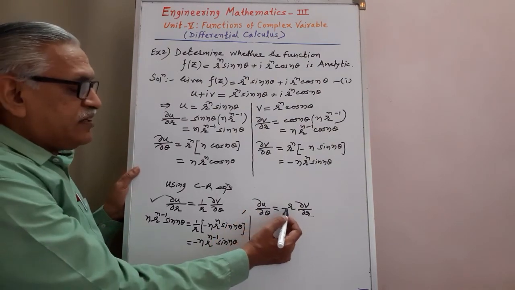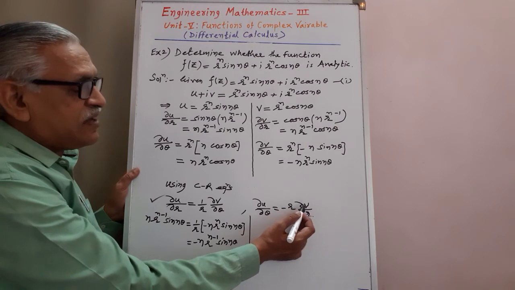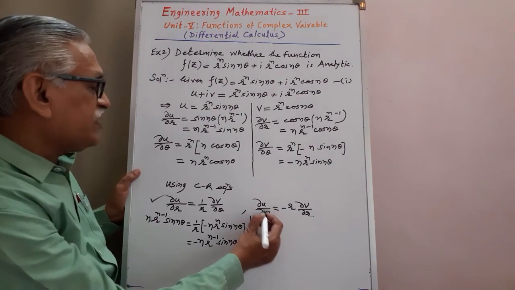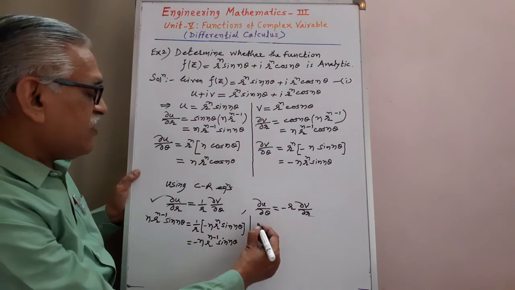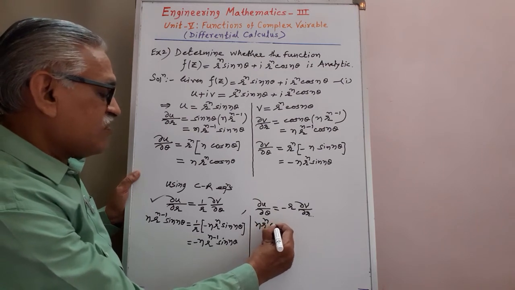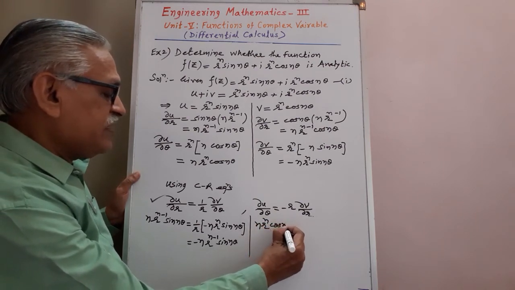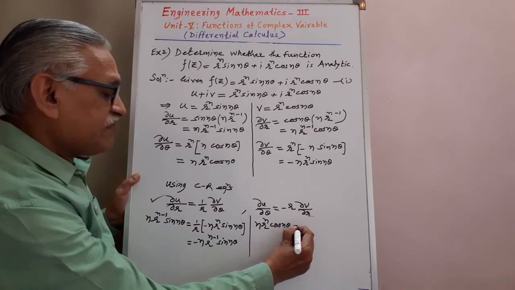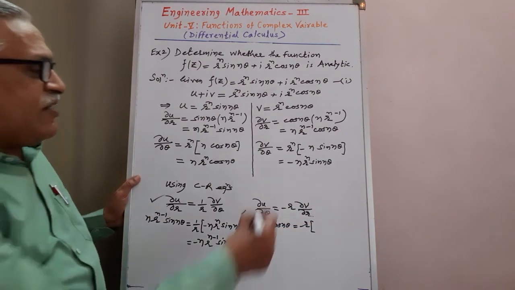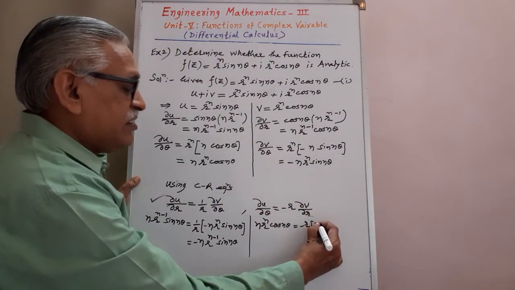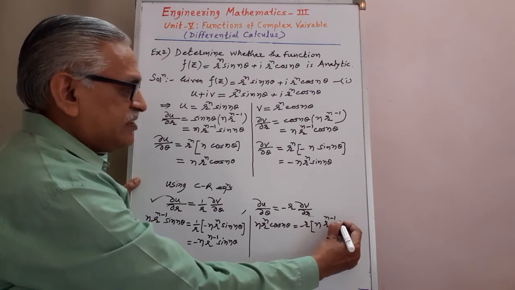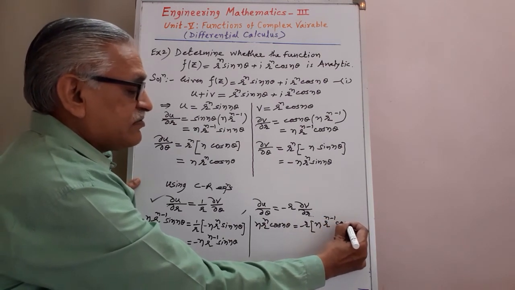Dou u by dou theta, if equals to minus r times dou v by dou r. Dou u by dou theta, substituting that value, we have n r raised to n cos of n theta, minus r times dou v by dou r, and the value of dou v by dou r is n r raised to n minus 1 into cos of n theta.